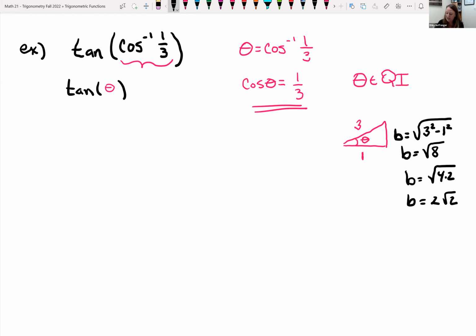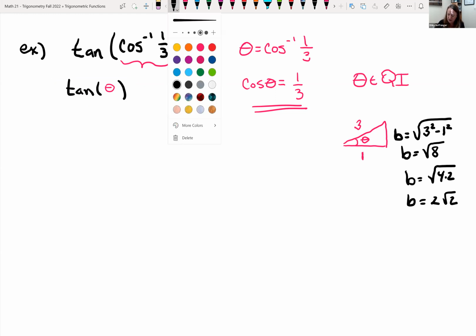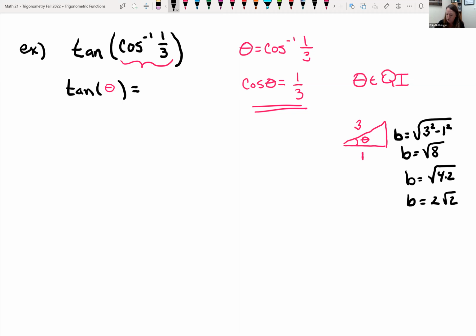And so the opposite side we just found was 2 root 2 all over the adjacent side of theta, which is 1. So this tangent of cosine inverse of 1/3 is equal to 2 root 2.